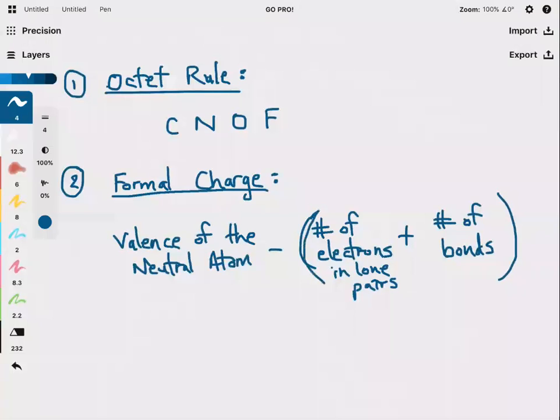So we'll see what all of this means, but a really easy way of remembering this equation is to just say that this is the number of dots and this is the number of lines.